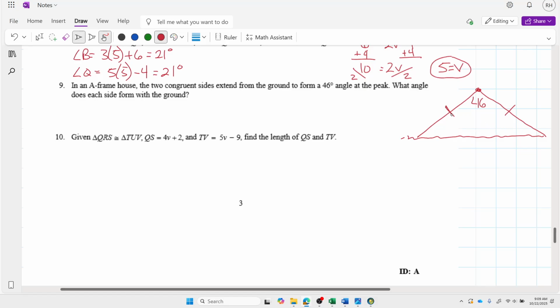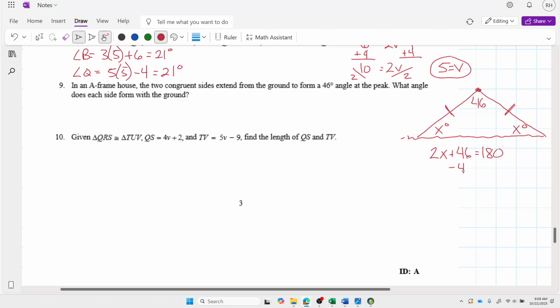And remember from last week, if two sides of a triangle are congruent, then the angles opposite those sides are congruent as well. So those two angles are equal to each other, and these three angles need to sum 180. So x plus x plus 46, 2x plus 46 is equal to 180. And solve that equation.